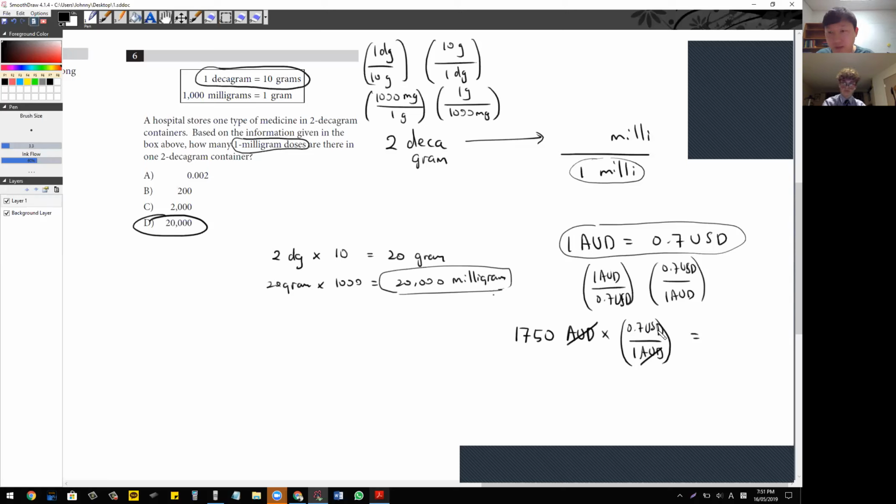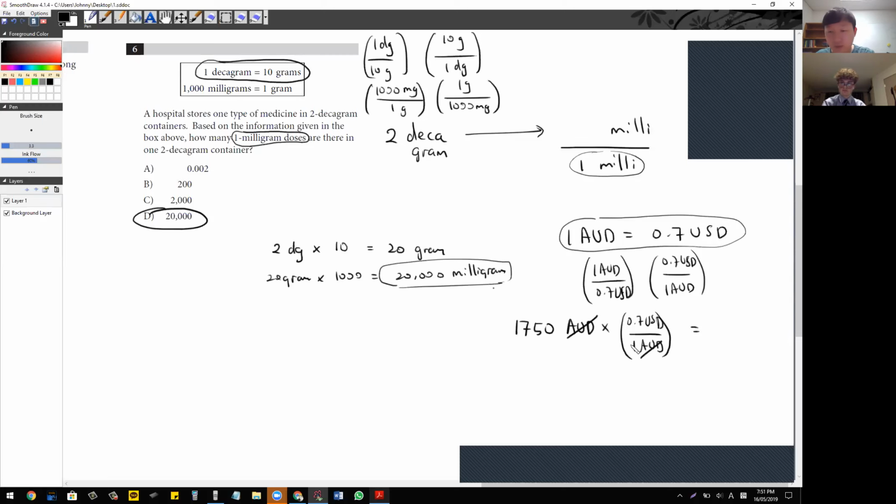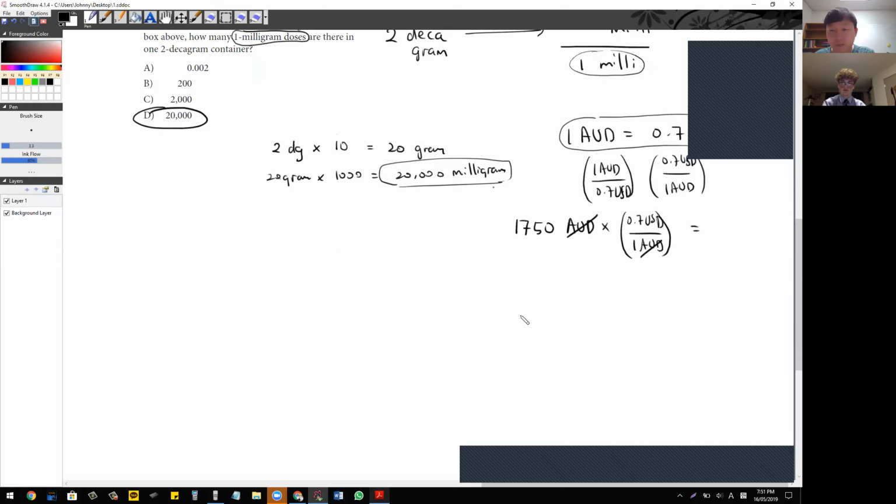If it's ever confusing, you can use this fact and do the conversion. Now, if you've got 300 US dollars and you want to convert that into Australian dollars, you multiply by 1 Australian dollar over 0.7 US dollar. Then US dollar cancels out, and you divide 300 by 0.7.